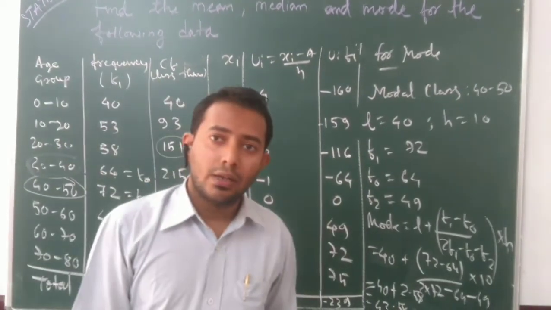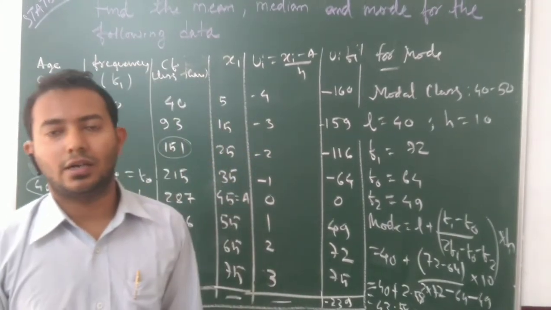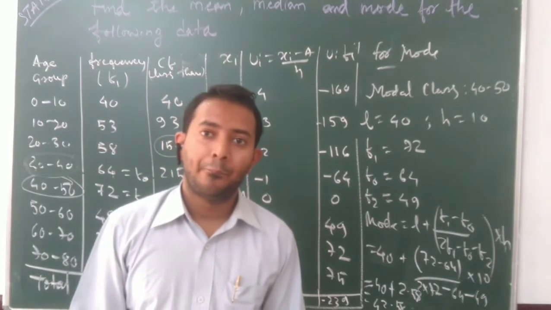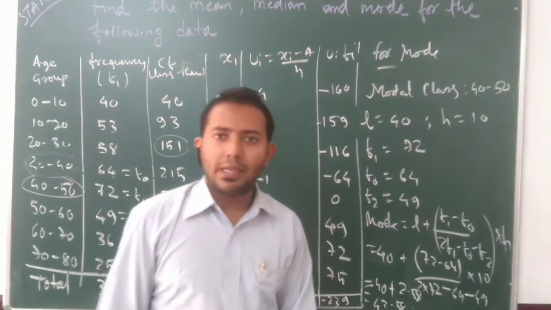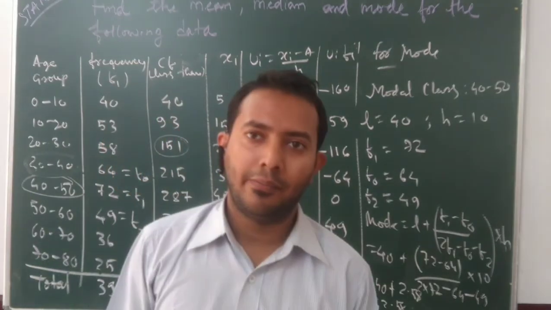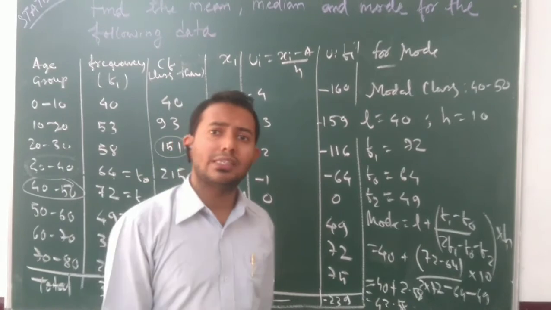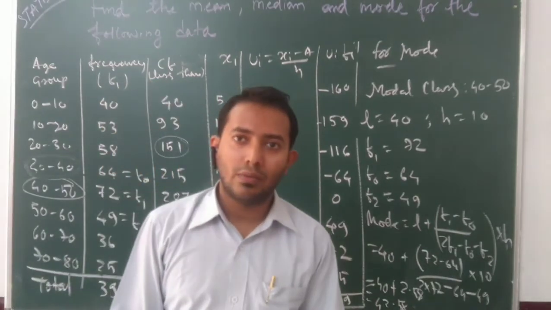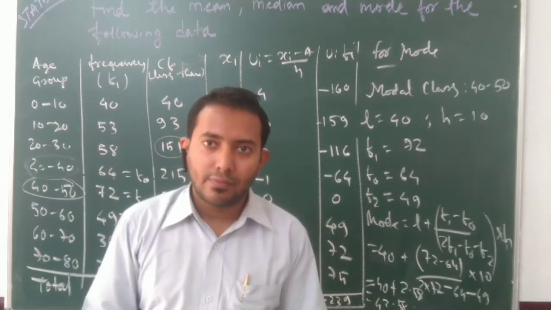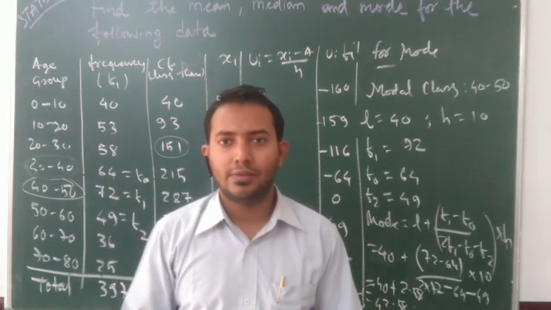You may get a different answer also. Your question may be, sir, can I apply the empirical formula here? See, if you use the empirical formula, you will not get the same result. Why? Because these are all estimated results, so the empirical formula is not valid for every case. Only in some particular cases it is valid.